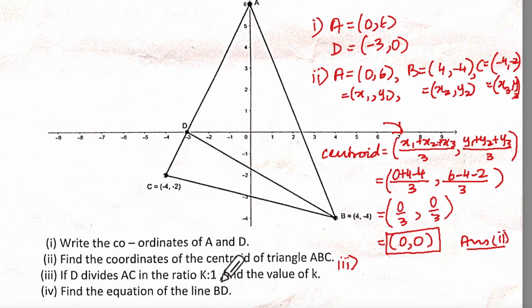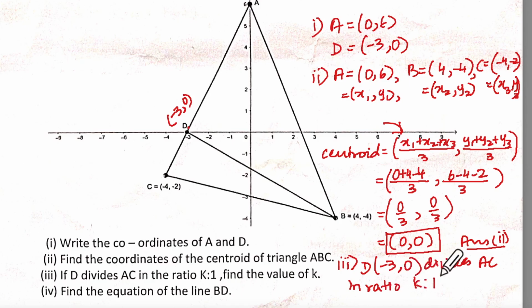D divides AC in the ratio k is to 1. Where is this D? Here. D we will write, this is your minus 3 comma 0. So what will you say? D into bracket minus 3 comma 0 divides AC in ratio k is to 1.